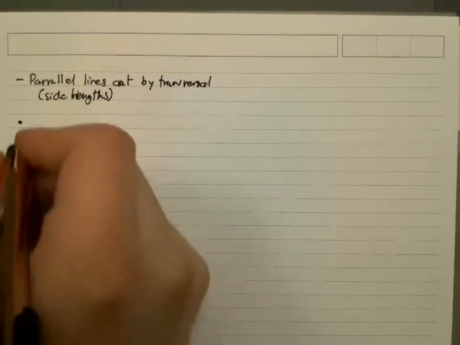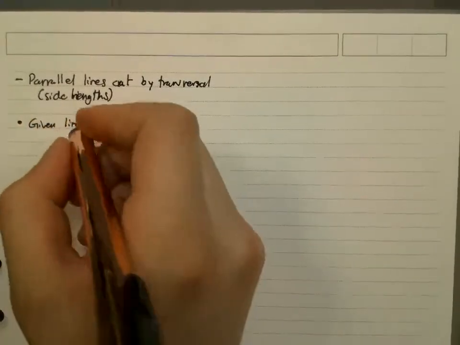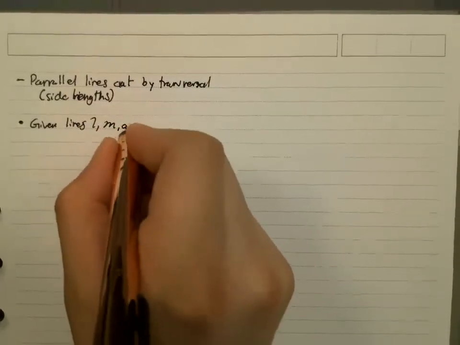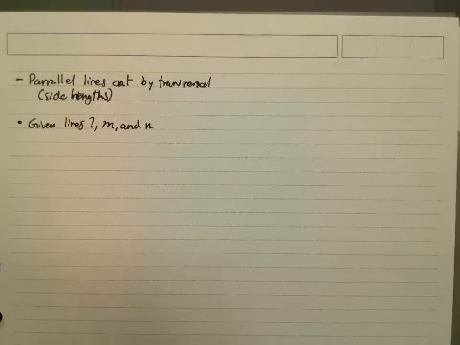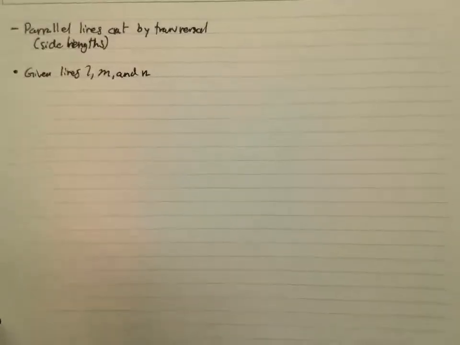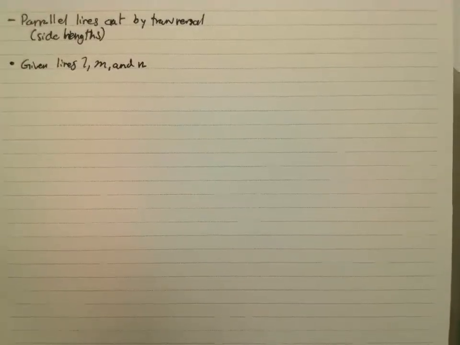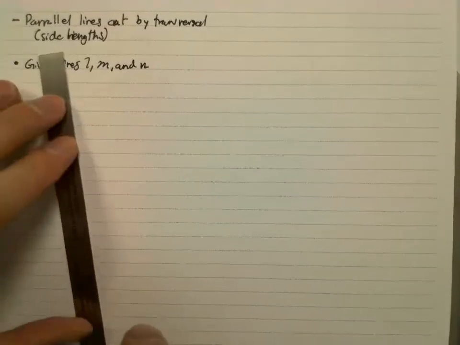Let's say that I am given lines L, M, and N. And they're going to be cut by two transversals, not just one. Okay? So, for example, all right, so here are some parallel lines I've got.